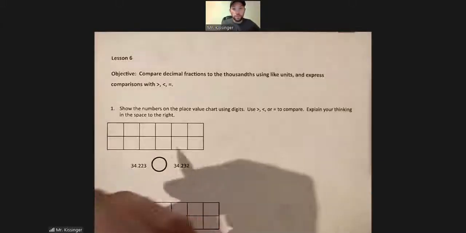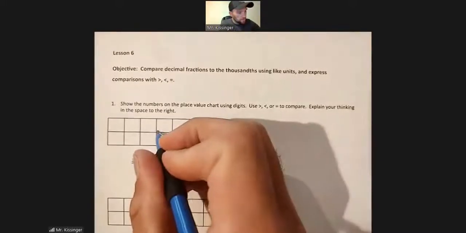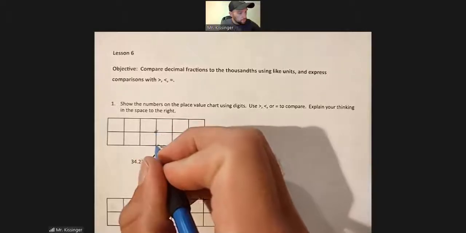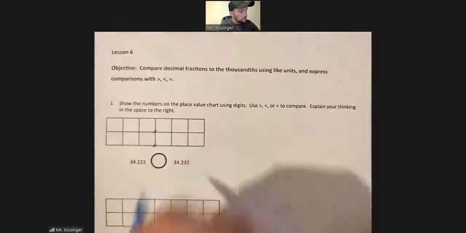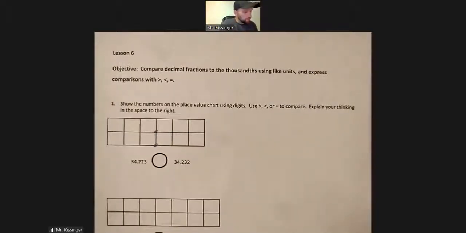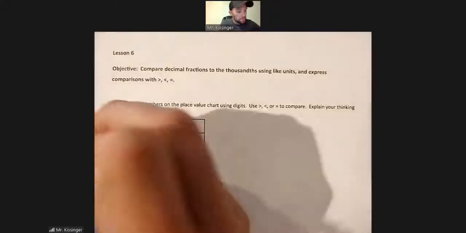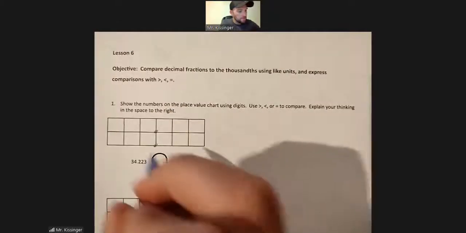So we are going to use our place value chart to kind of map out these numbers. Our first two numbers that we need to compare, we have 34 and 223 thousandths, and we have 34 and 232 thousandths. So let's put those into our place value chart.